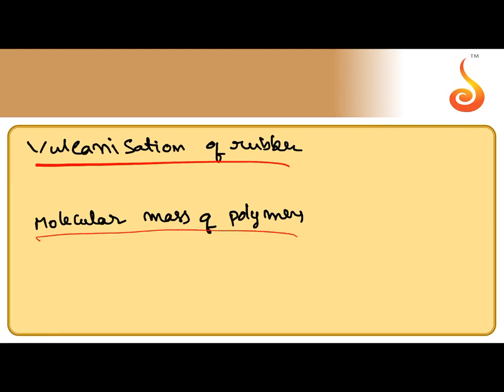Vulcanization of rubber and molecular mass of polymers, just you read that. Suppose nylon 6,6. This is formed by the amide bond, so this is an example of polyamide.